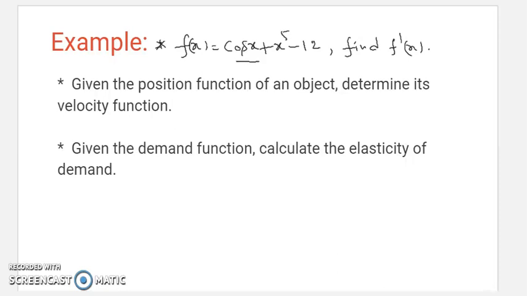Find f dash of x. Given the position function of an object, determine its velocity function. Given the demand function, calculate the elasticity of demand.